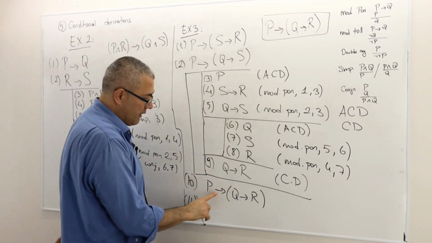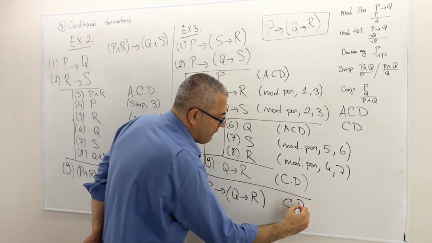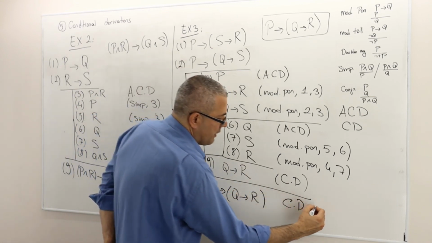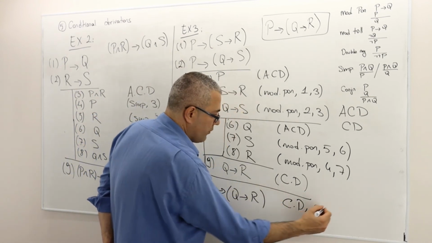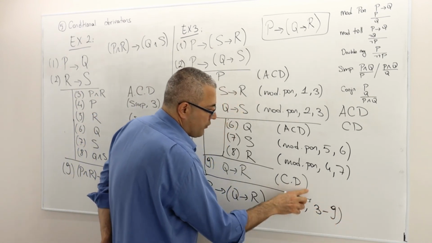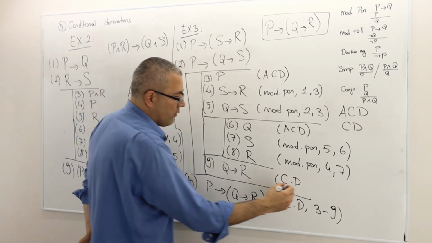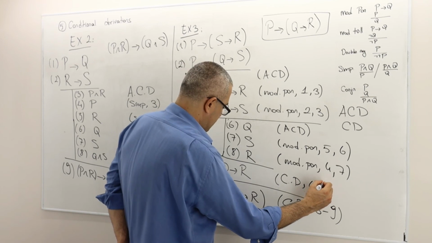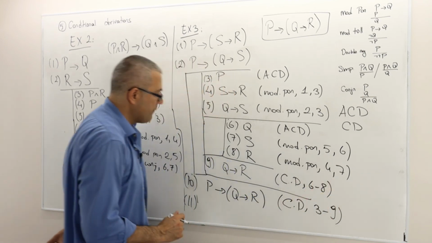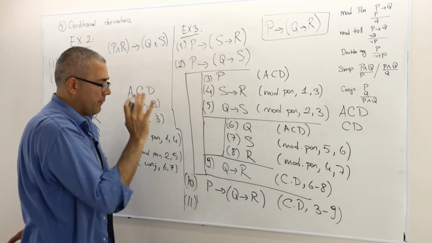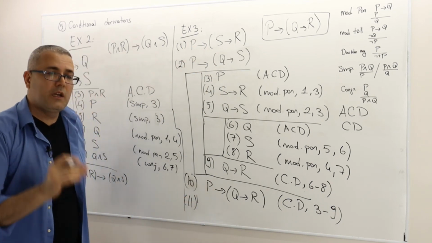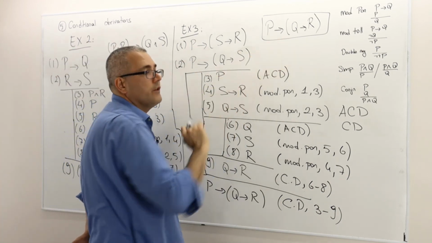So this is conditional derivation thanks to the arguments in between lines 3 to 9. I should also say this is thanks to the conditional derivation, all the arguments in between lines 6 to 8. All right, so if these are the premises, then this is the conclusion, which is what I wanted to achieve.